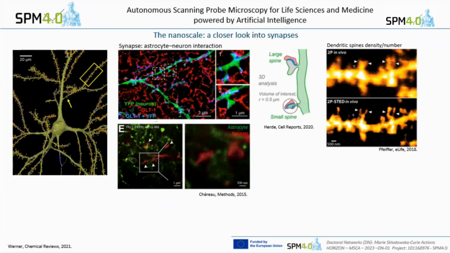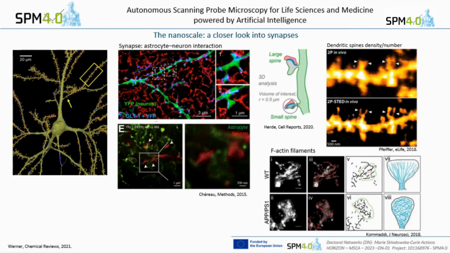If we then look very closely at one of these spines, it's also possible to understand better the mechanisms of diseases. So here, for instance, in this study, F-actin filaments within one dendritic spine were analyzed in wild-type animals and animals with a mutation that leads to a model of Alzheimer's disease.